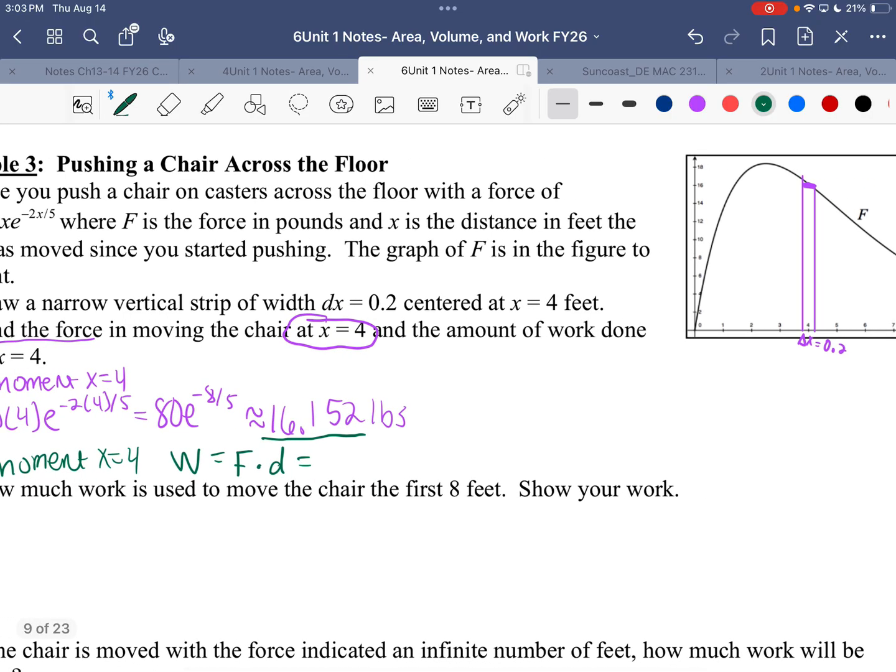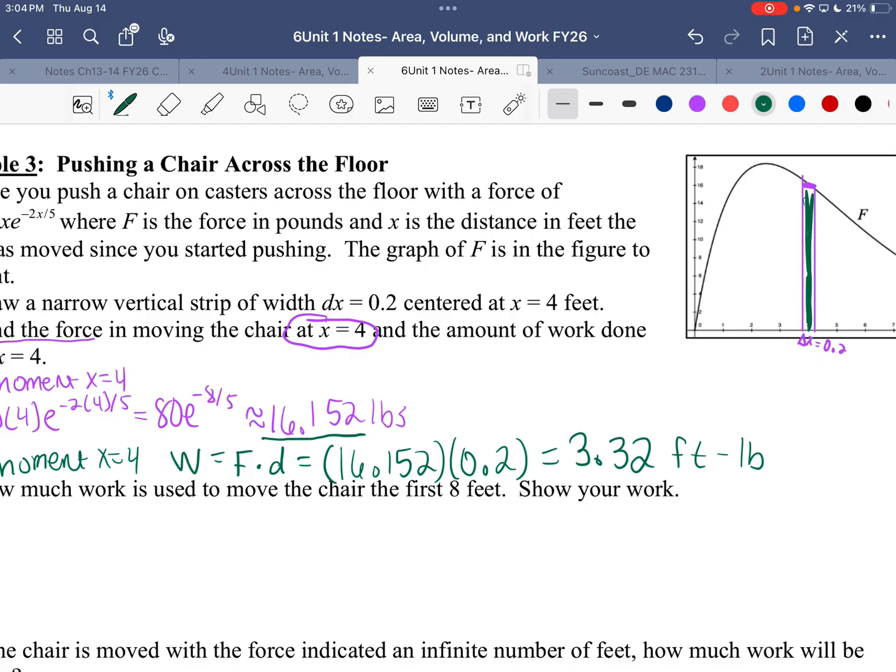That's what that change in x is for. That's the work just in this one little strip. That's how much energy at x equals 4.